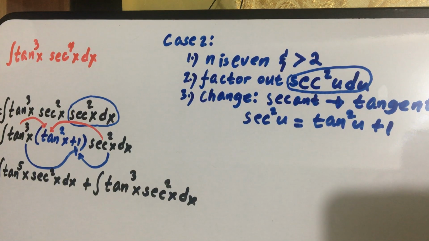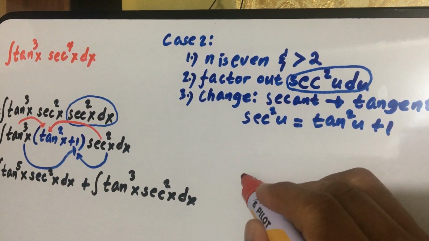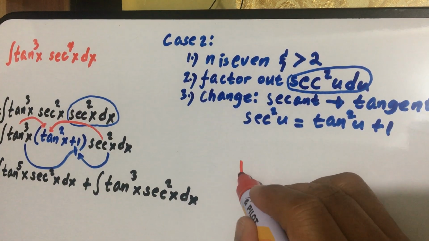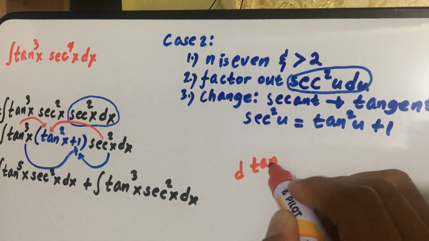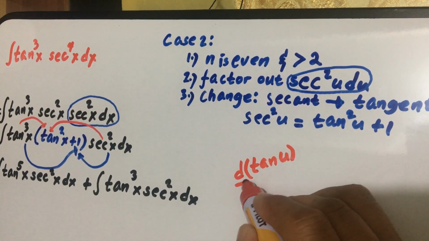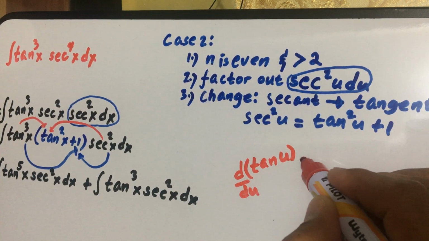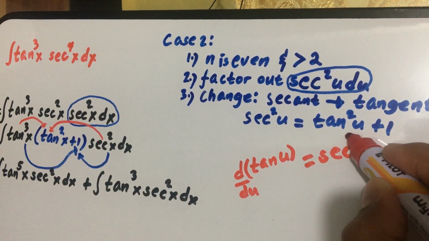If you can still remember from differential calculus, the derivative of tangent u with respect to u is equal to secant squared u.